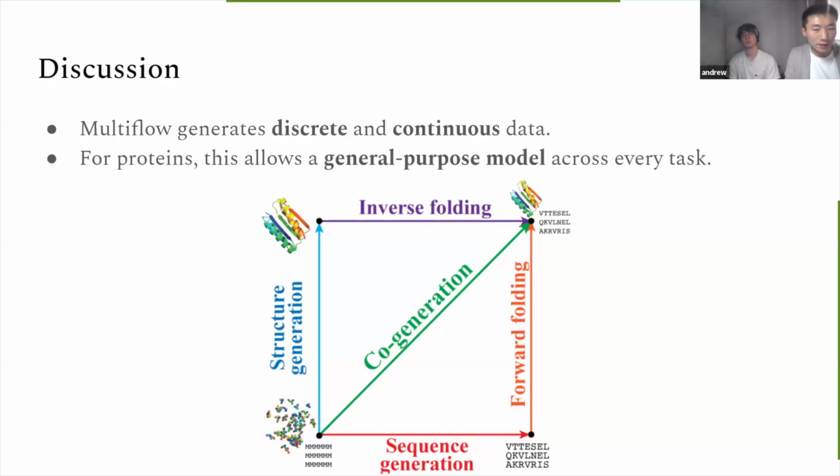So one of the good things about this all-in-one, general-purpose single model is that you can incorporate conditions on both the structure and the sequence. I don't know what conditioning the person was asking about, but if it's a sequence condition, you can apply that. If it's a structure condition, you can apply that. If it's both, you can also apply them in this framework.